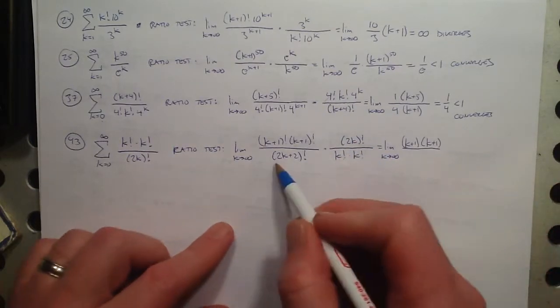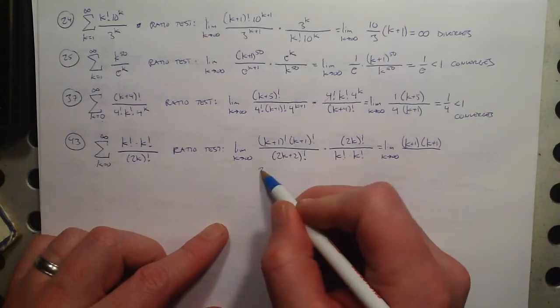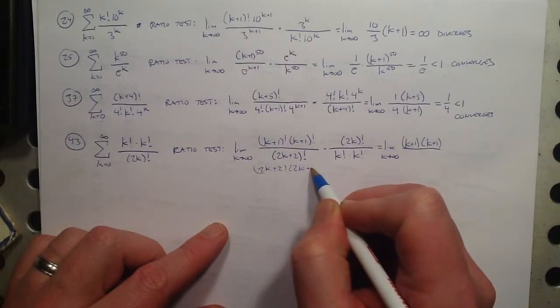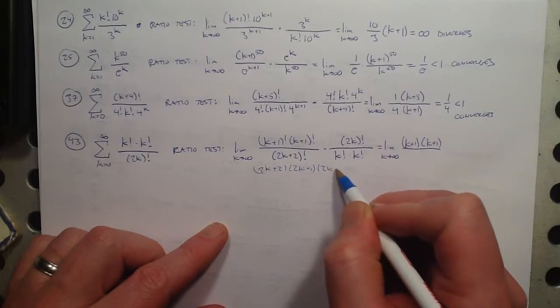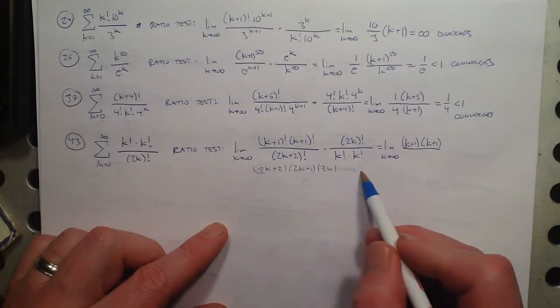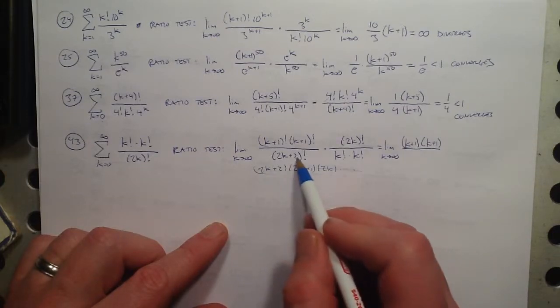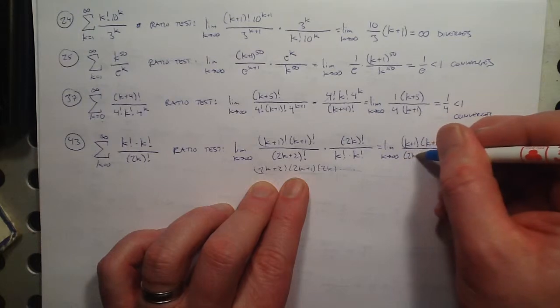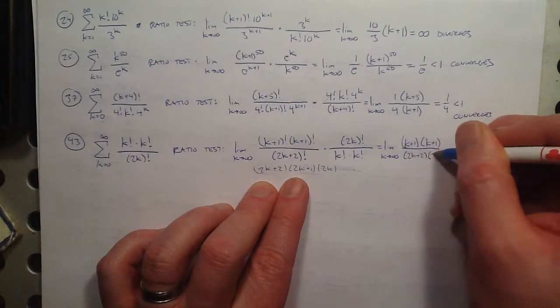I have 2k, so (2k plus 2) factorial is 2k plus 2 times 2k plus 1 times 2k, and then all the way down. So the 2k factorial wipes this out, but there's two terms here because of that plus 2. So both of those are left uncancelled.